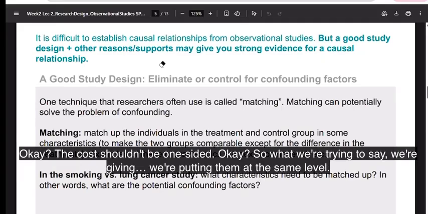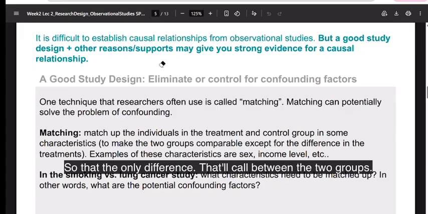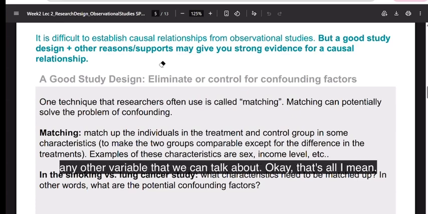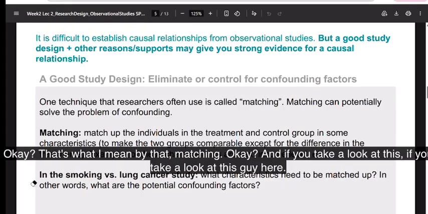A court shouldn't be one-sided. So we're putting them at the same level, so that the only difference that occurs between the two groups is due to treatment only, not due to any other variable. That's what I mean by matching.